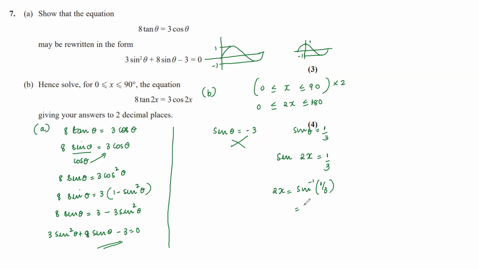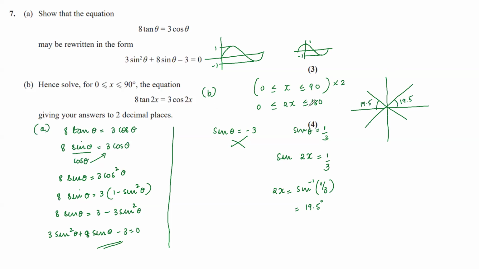When we put that in the calculator, we'll get approximately 19.5. So we use the CAST diagram here. We know this is 19.5, and this will also be 19.5.